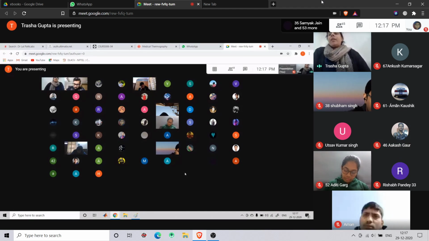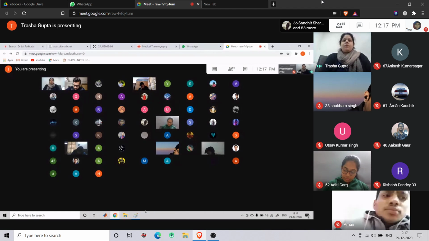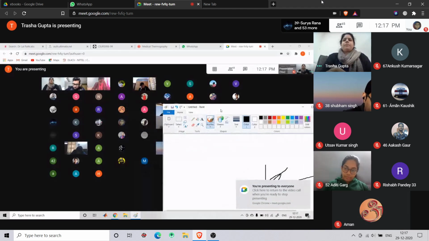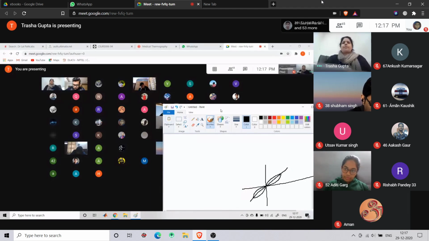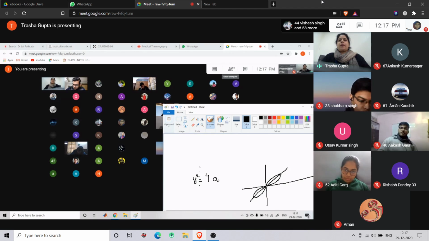If there are only even powers of y, for example, y square is equal to 4ax. ये कर्व कैसा बनेगा? पैराबोला.